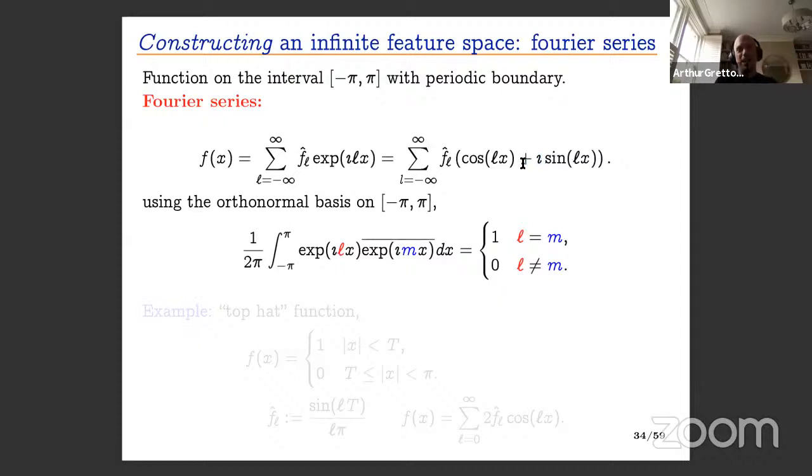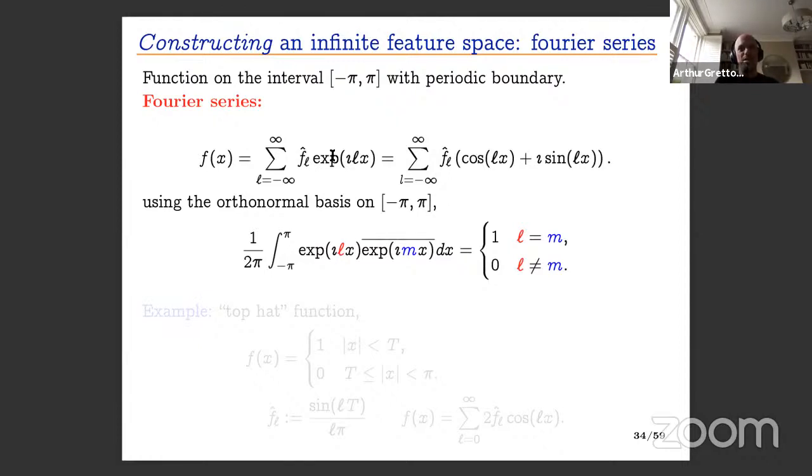This means that I have a function which can be complex valued, but all of the functions that I care about are going to be real valued. The square root of -1 is just because we're using Fourier theory here. But you can see that you're assembling a function using functions that become less and less smooth. So these cosines, as L increases, are going to get more and more wiggly.